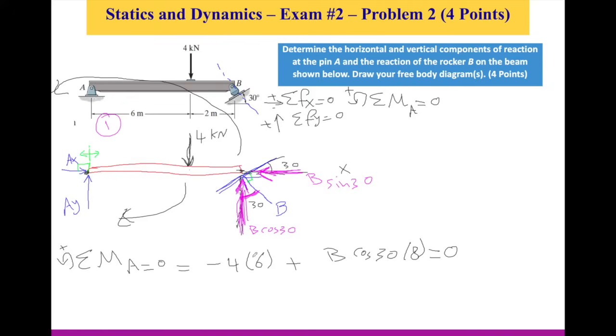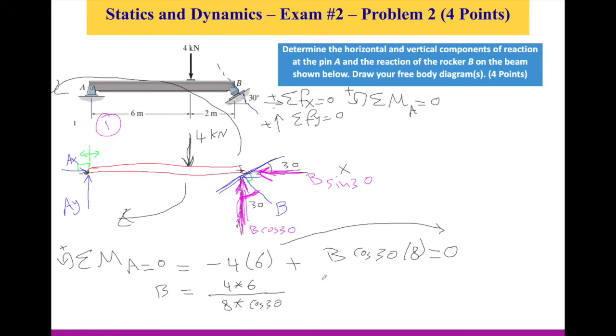Right? You can move the -4 multiplied by 6 to the other side, so you will end up with B equals 4 multiplied by 6, divided by 8 multiplied by cosine 30.